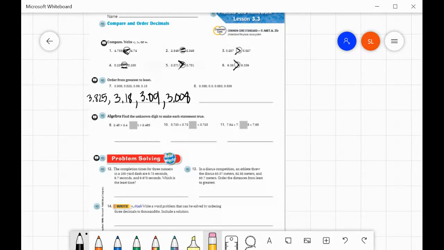All right, welcome back. We're going to do number 8 together. So the first thing we're going to do is we're going to line up these numbers so that we can compare the digits to see which one is the largest. So we have 0.386. Whoops.